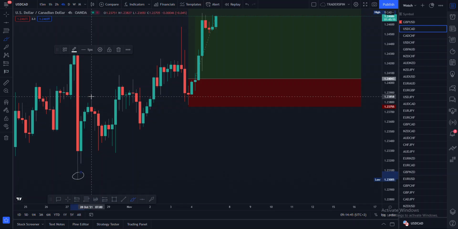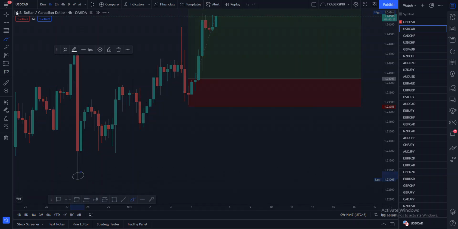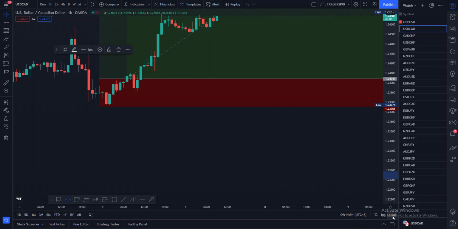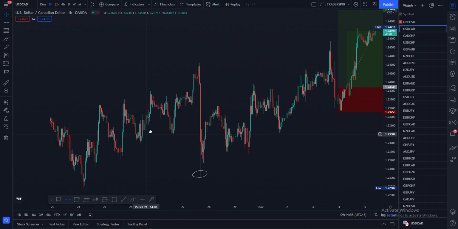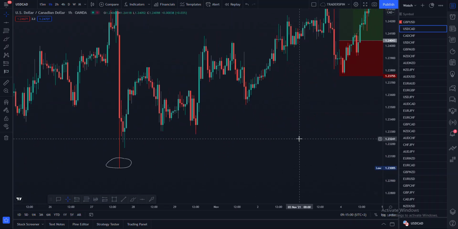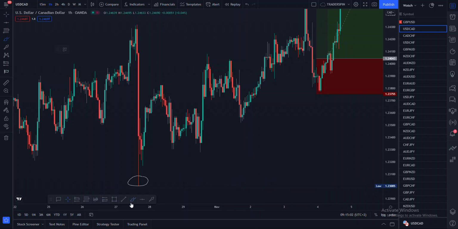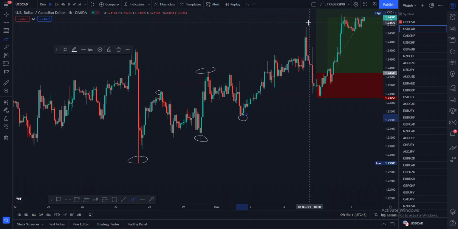So here's our high there, or let me just go over to our 1 hour time frame. Right, so we have that low there, higher high, higher low, higher high, higher low, higher high, higher low, and this is where I actually entered.